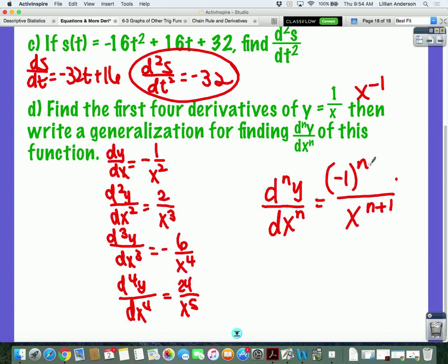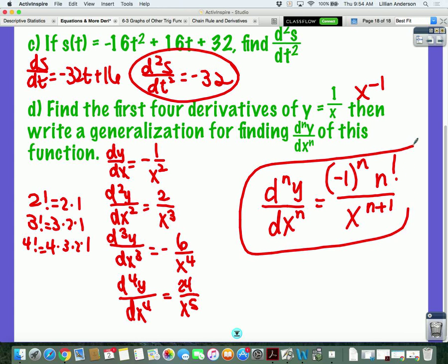Factorial basically means that if you do 2 factorial, it's the same thing as 2 times 1. 3 factorial is 3 times 2 times 1. 4 factorial is 4 times 3 times 2 times 1. Look at that. 2, 6, 24. So, the last bit to get the 7 out of 7 would have been n factorial. Together. You guys are amazing.